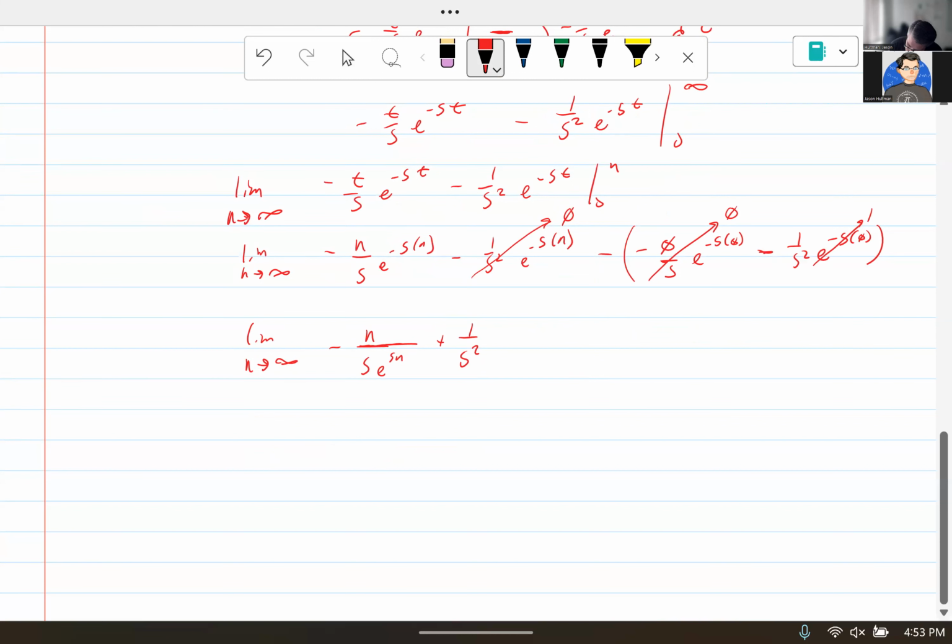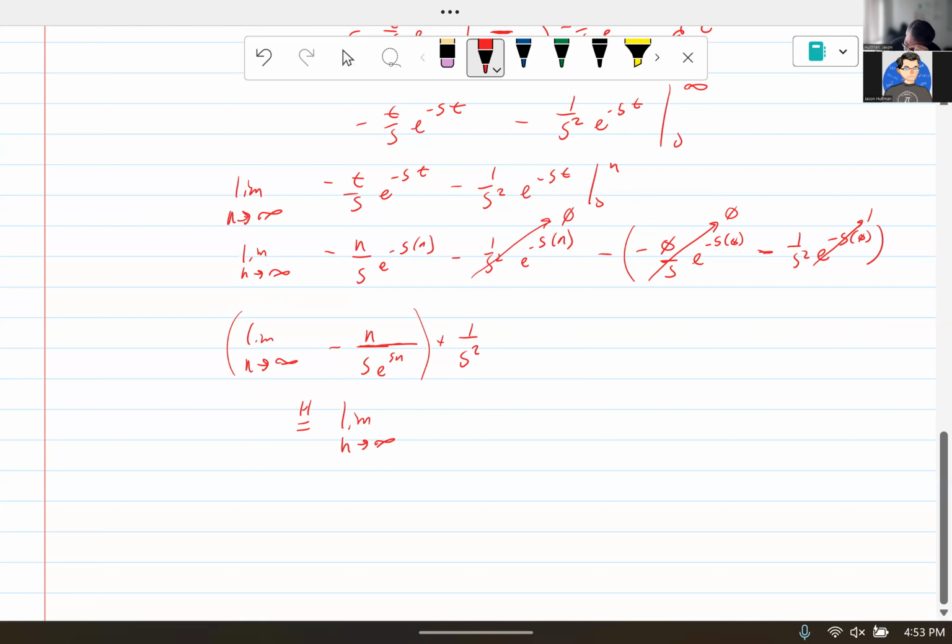Okay, so this is equal to, using L'Hopital's rule, the limit as n goes to infinity of the derivative of the top. Let me just look at this part, because that's the only part that has n's involved.